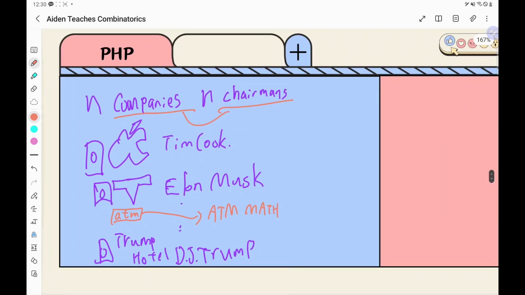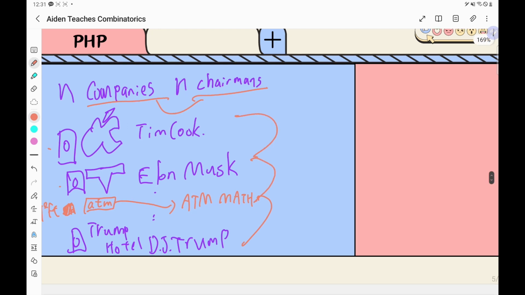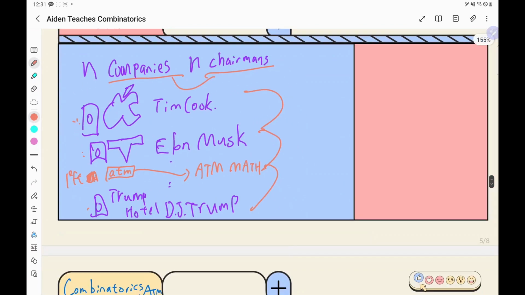And this guy wants to live in other companies because he's a very small company. He uses 1 square feet room for his house. So he wants to live in Apple, Tesla, or Trump Hotel or anything. Now, if ATM Math can only live in these other companies, then we can show that between these other three companies, we have a place that ATM Math and one other chairman lives.